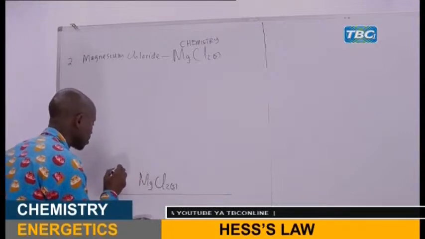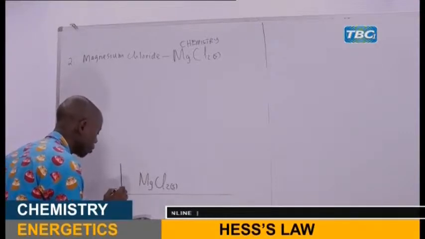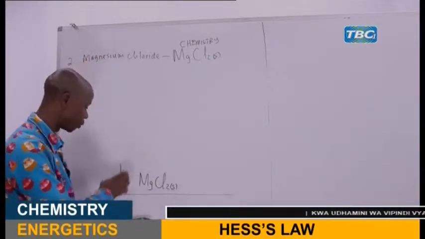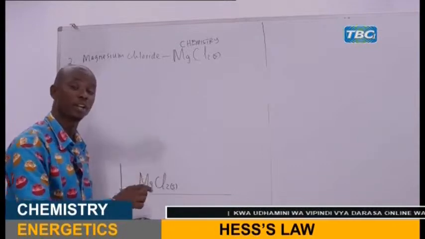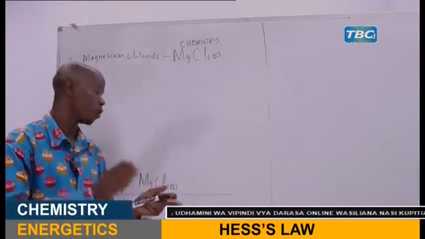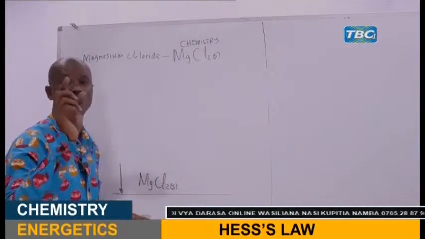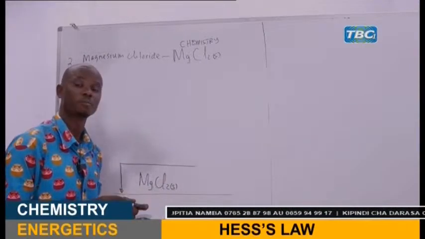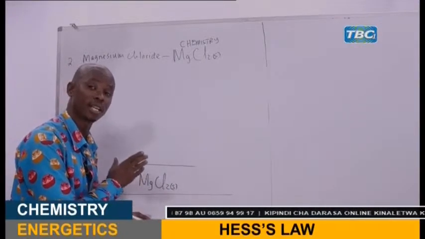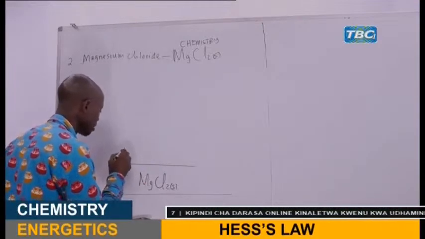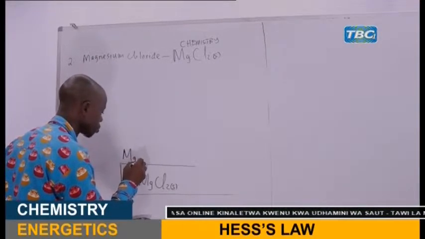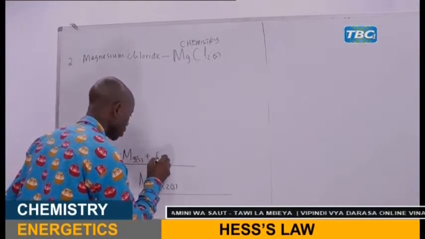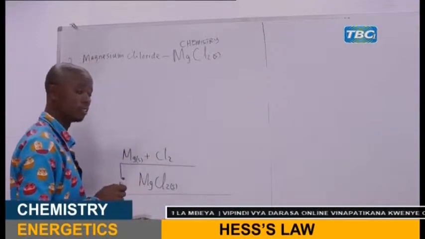Because the enthalpy of formation of this compound is exothermic, the arrow is pointing downward. So at the top, you write the symbol for each element used to make this compound, in their pure standard states, as I said. So magnesium solid, because it is a metal, plus chlorine.